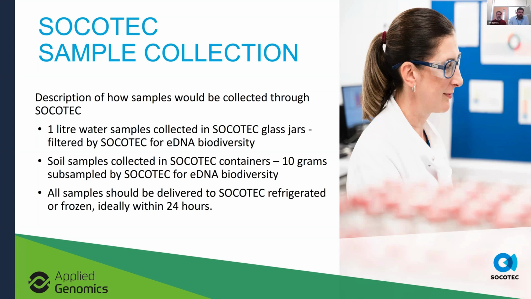Soil samples, a small amount of extra soil from an additional jar, or a tin if it is marine sediment. If these are treated appropriately and gotten back to the Socotec laboratory in time, we will do the filtering for you. We will go through the steps of doing it in the field subsequently in this presentation. But this can be a simple, cost-effective add-on to work you're already doing.